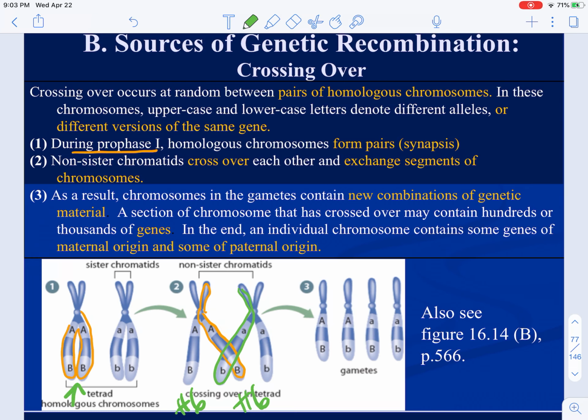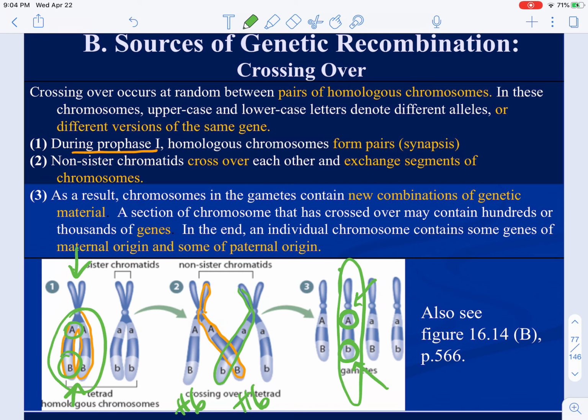Let's say the person making these sperm cells has all dominant genes for these two traits. If crossing over happens, and this chromosome here was the one that ended up being fertilized, you notice it now has a dominant and a recessive for those two traits. Maybe this was for a plant that's tall, the other gene was short. Maybe this is for round seeds, the other wrinkled seeds, or whatever it is. The combination is new.